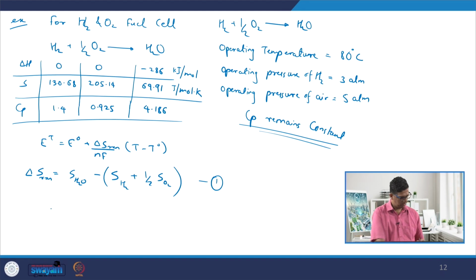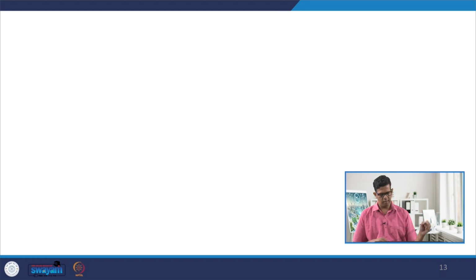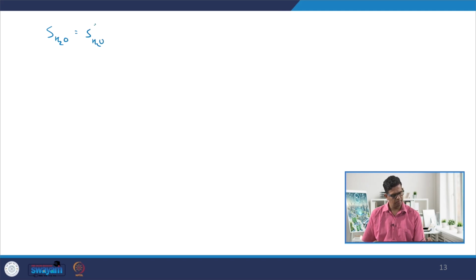So let us calculate those entropies again. So entropy of water is standard entropy at STP plus integration 298 to 353 Cp by T dT. Now Cp is not a function of temperature, that is what we have assumed here. So this simplifies our calculations and this comes 69.91 plus Cp is constant, it can be taken out of the integration.